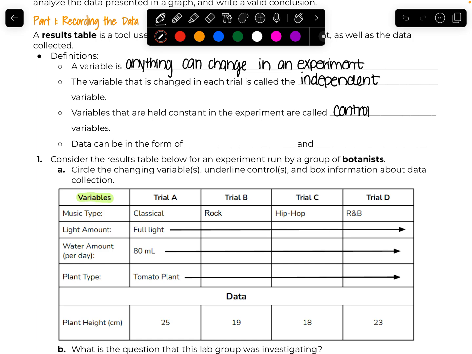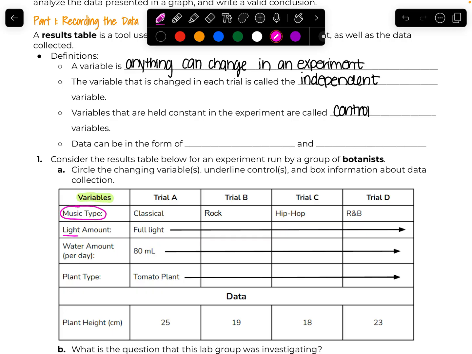So consider the results table that's down here. If I take a look at the potential variables that this group wanted to build relationships between, they chose music type, light amount, water amount, plant type. So each of these things are potentials that they could have changed, but this group chose to only change the music type in their little plant experiment here.